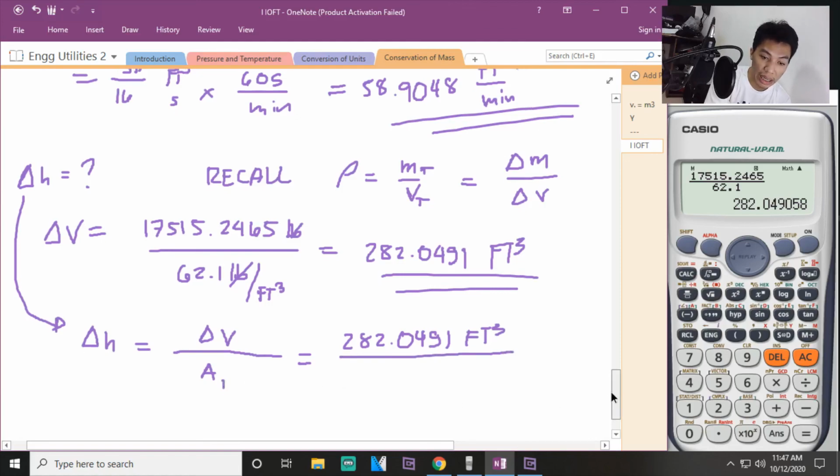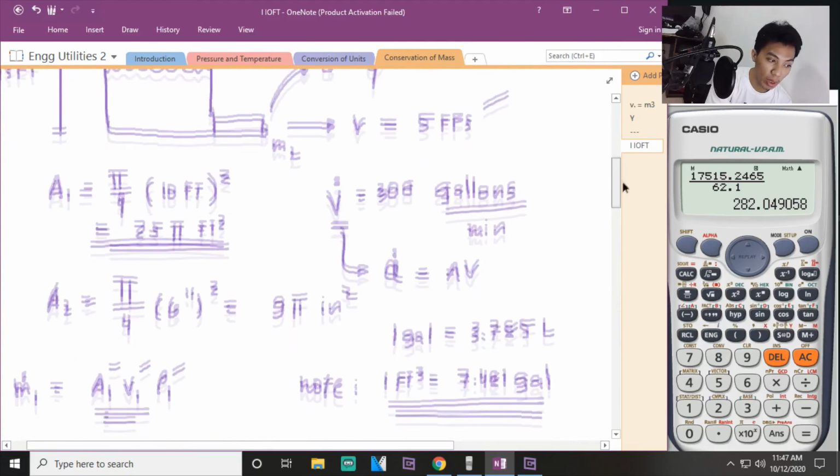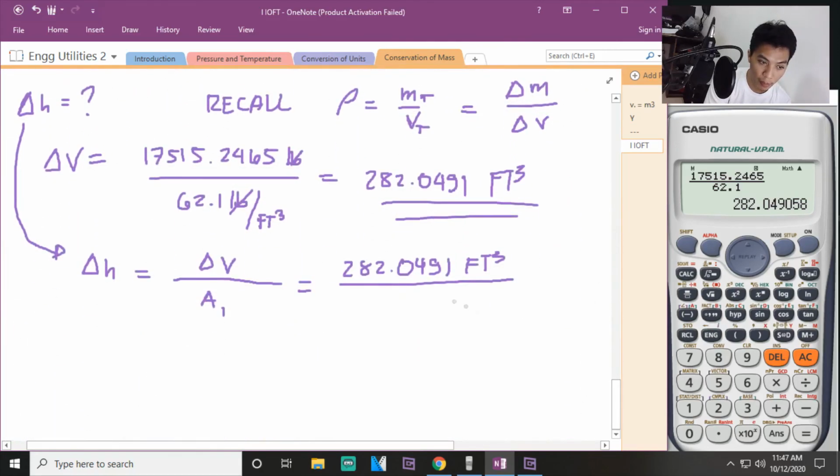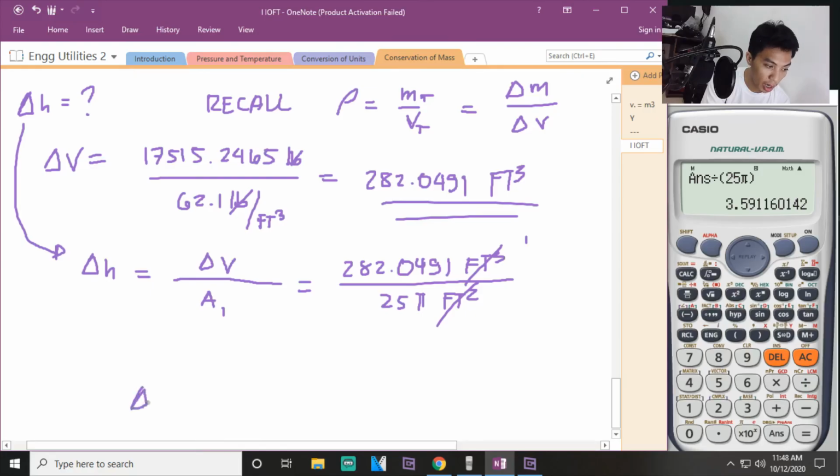The cross-sectional area nung iyong tangke, which is 25 pi feet squared. Cancel natin to. Matitira 1 na lang. Feet. So, divide natin ng 25 pi. So, the answer will be, yung naging change in height after 15 minutes will be 3.5911 feet after 15 minutes.